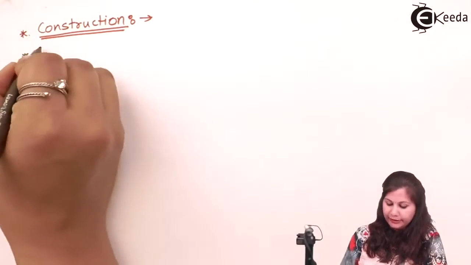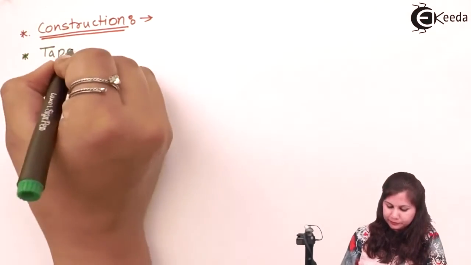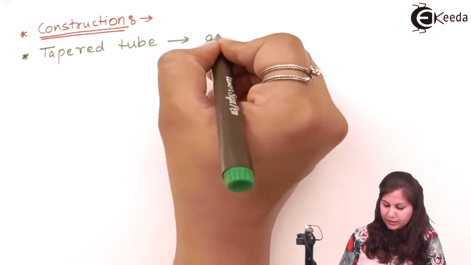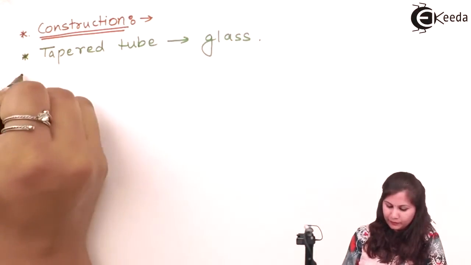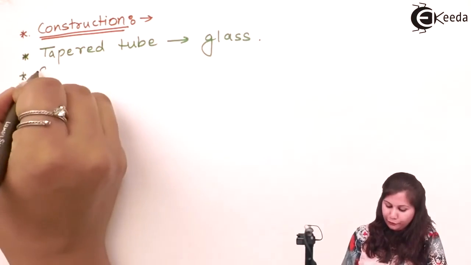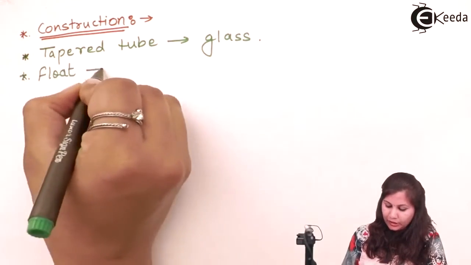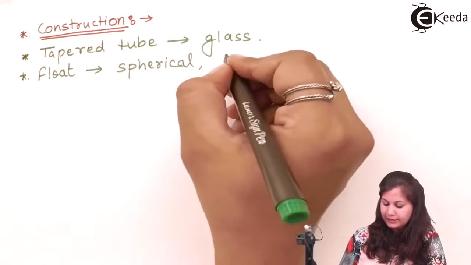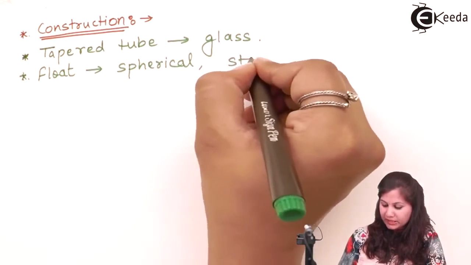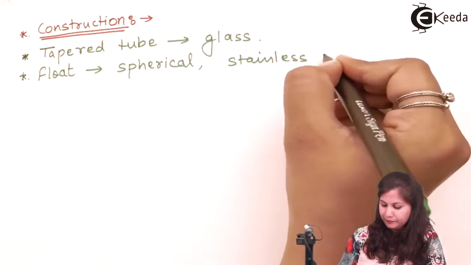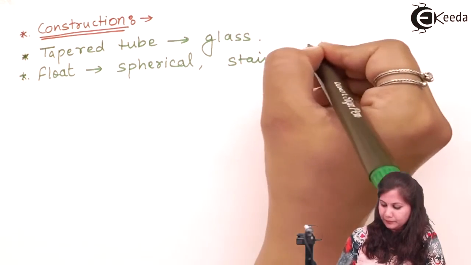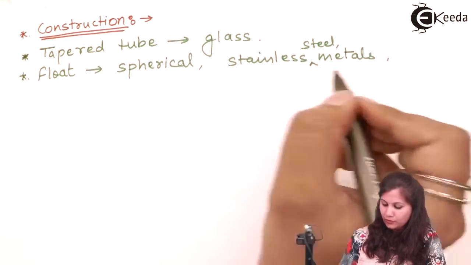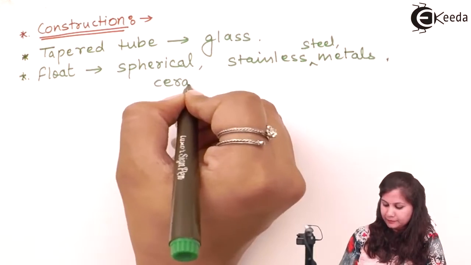One is the tapered tube, which is made up of glass, and a float, which is generally spherical in shape, and it can be made up of stainless steel, metals, or ceramics.